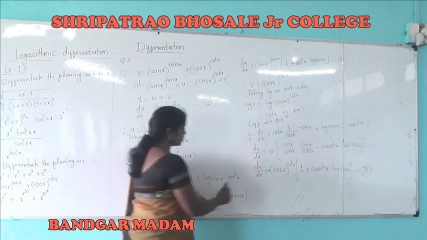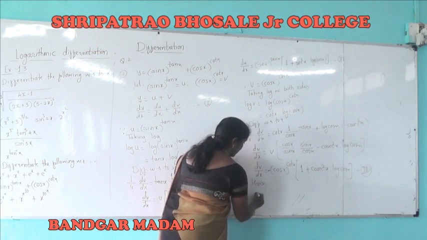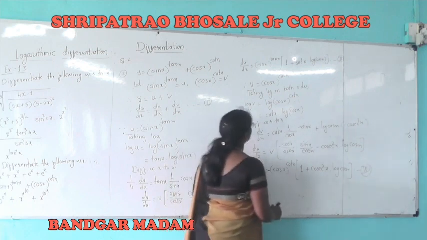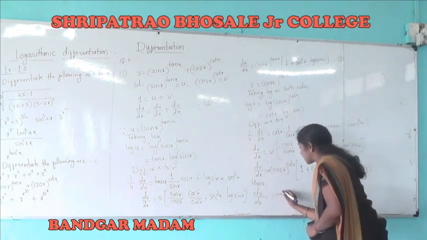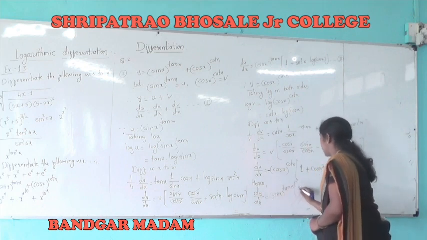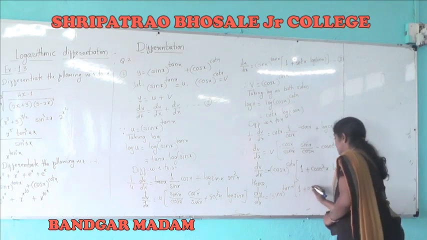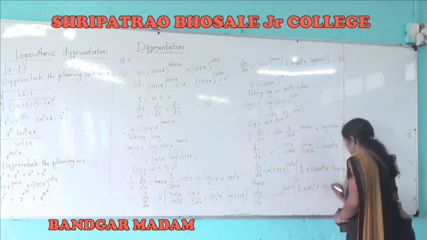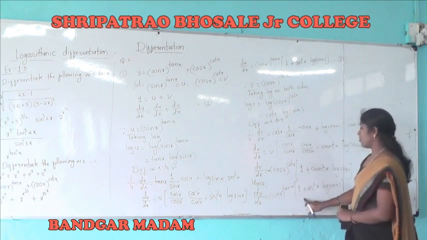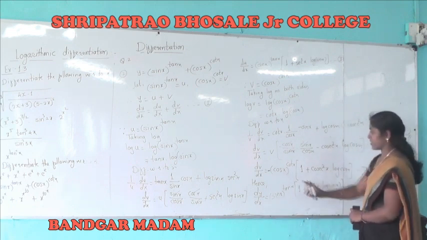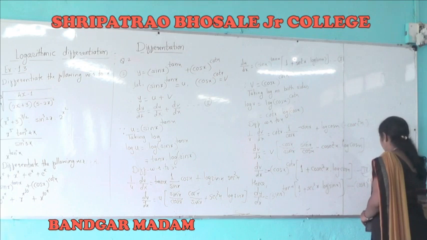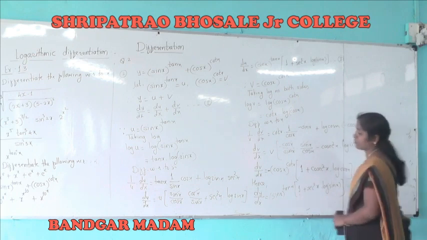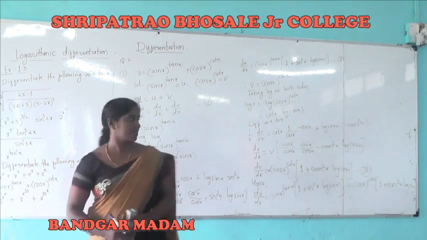Hence from equations 2 and 3, dy by dx is equal to sin x raised to tan x into 1 plus sec square x log of sin x, which is du by dx, plus dv by dx, which is minus of cos x raised to cot x in brackets 1 plus cosec square x into log of cos x. This is our final dy by dx.